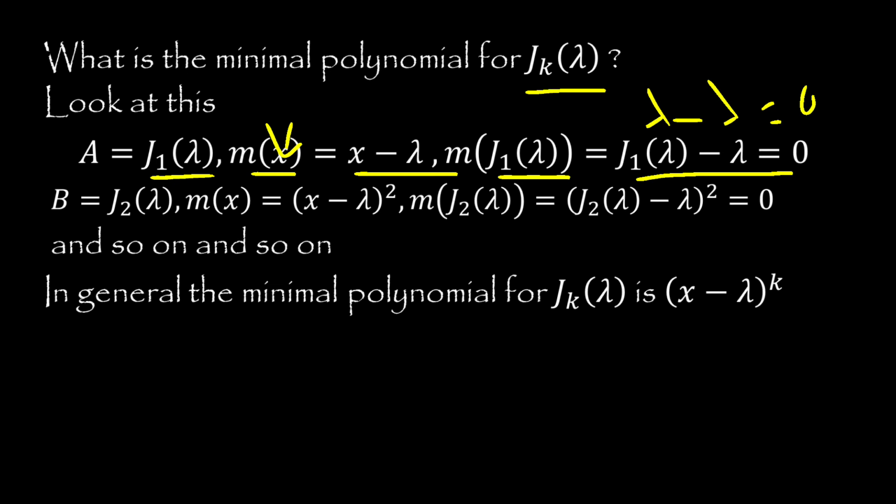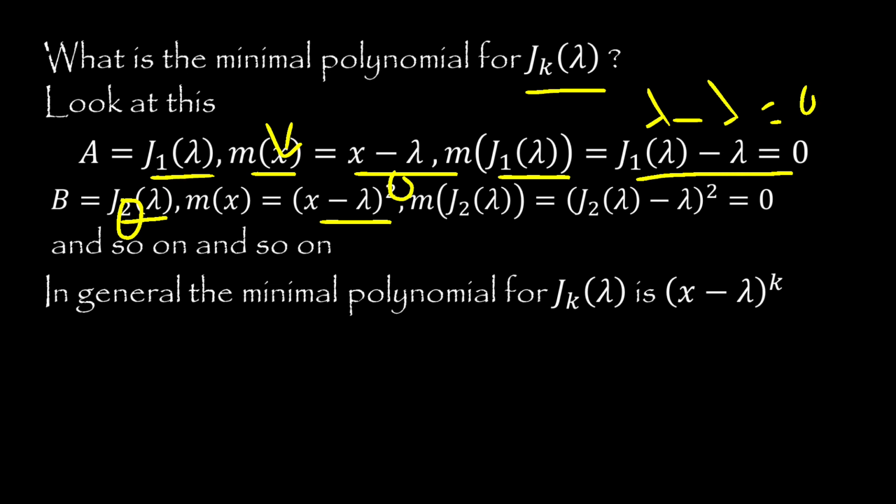You do the same for the Jordan block of size 2, and this will be the correct minimal polynomial. The superscript here means the power. If you look at this, it gives us 0.